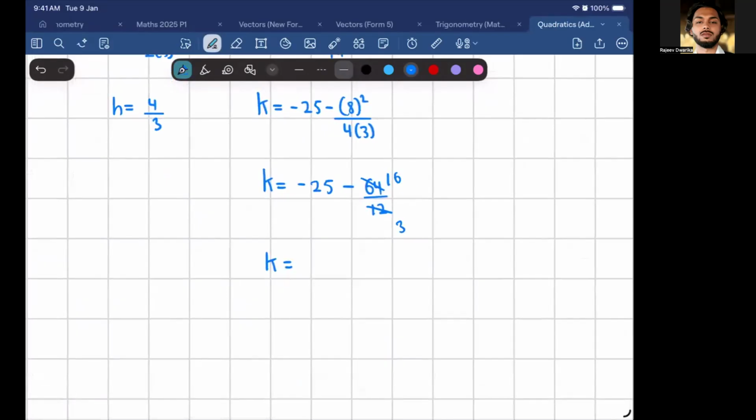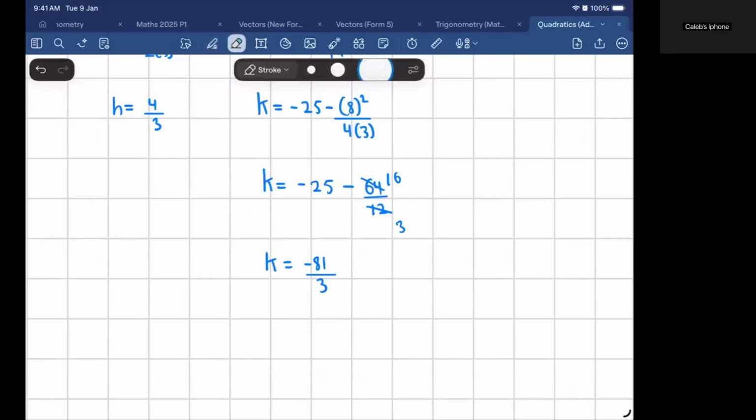If you plug that into your calculator, you're gonna get minus 81 over 3, I think. Just verify that though. Let me just do that in my head. No, you get 91.